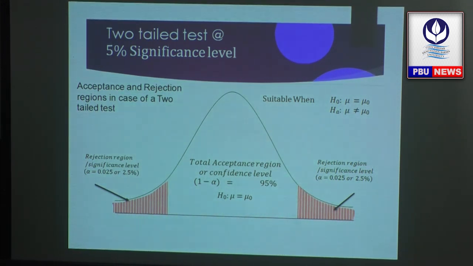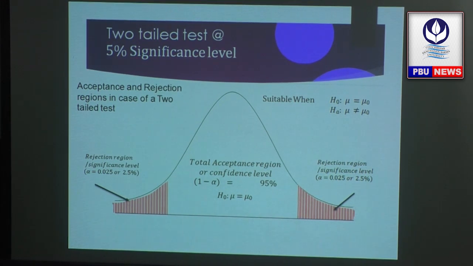That means the risk is at the 5% level, alpha is the probability of risk, and 1 minus alpha is the probability of confidence. In a normal distribution there are two tails. One is the right direction, the positive direction, and the left is the negative direction.